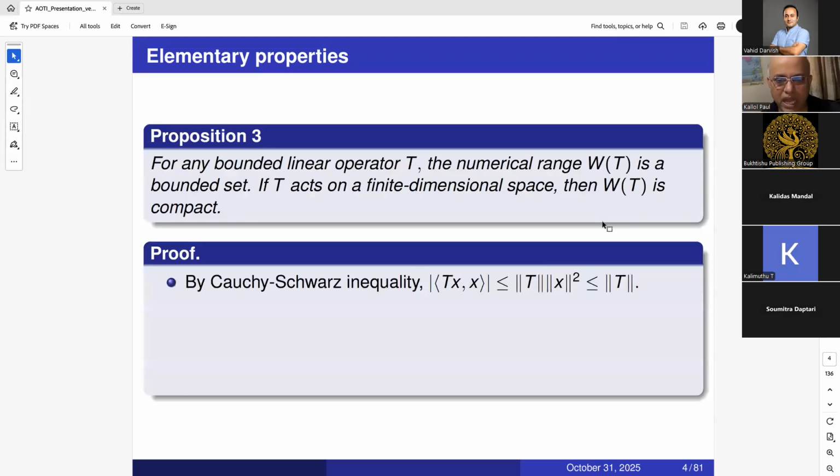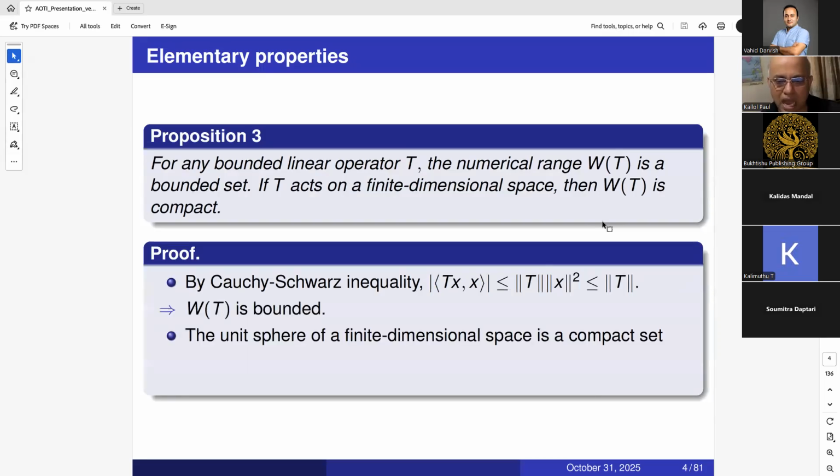These are very elementary results, and you can just use the Cauchy-Schwarz inequality to show the boundedness, and you can use a very fundamental analytical property of a compact set, that the finite dimensional space unit sphere is compact and the mapping is continuous, X going to ⟨TX, X⟩. So the numerical range is also compact.